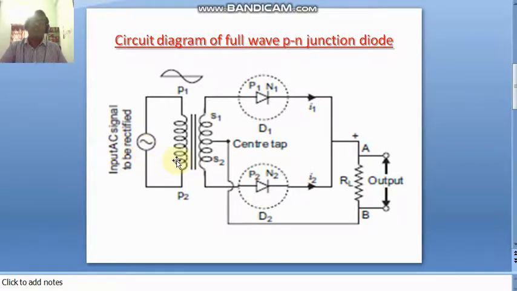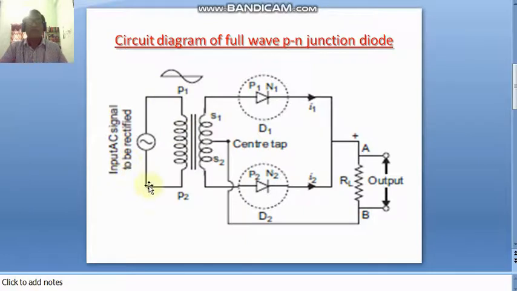This is the primary coil, this is the secondary coil. P1, P2 are the ends of the primary coil, S1 and S2 are the ends of the secondary coil. It consists of a core. This total circuit is known as the transformer circuit.